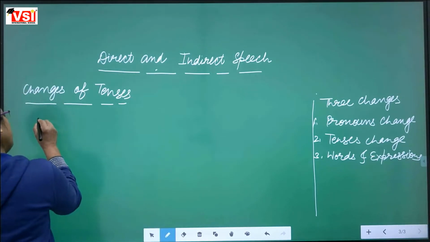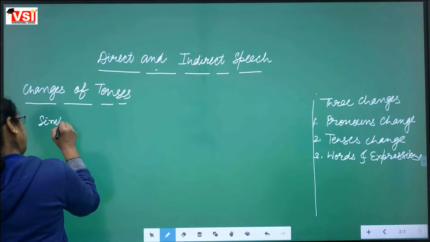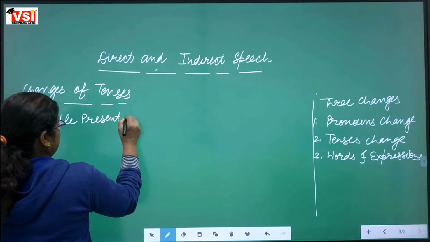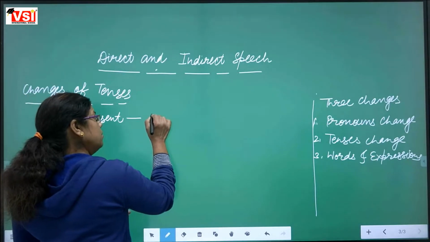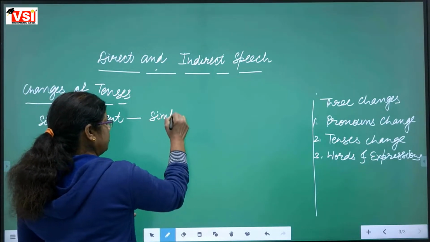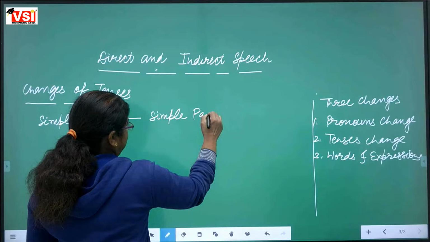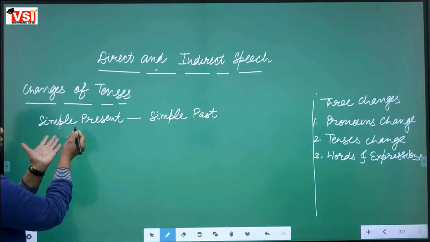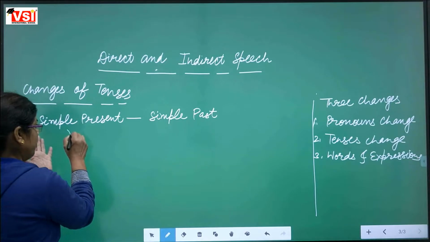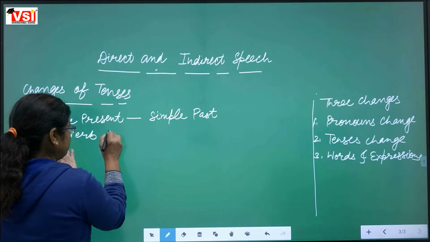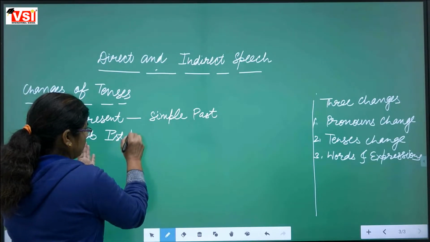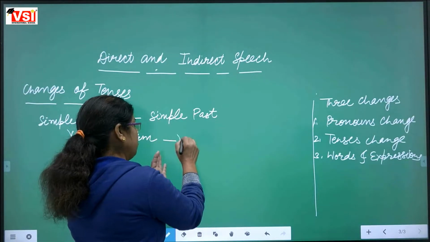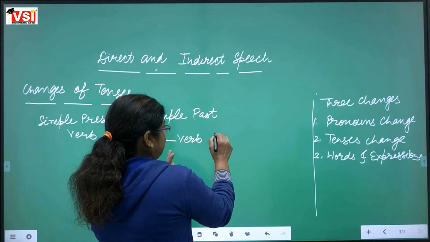See, simple present is changed into simple past. So what is the identification of simple present? Verb's first form. And what is the identification of simple past? Verb's second form.